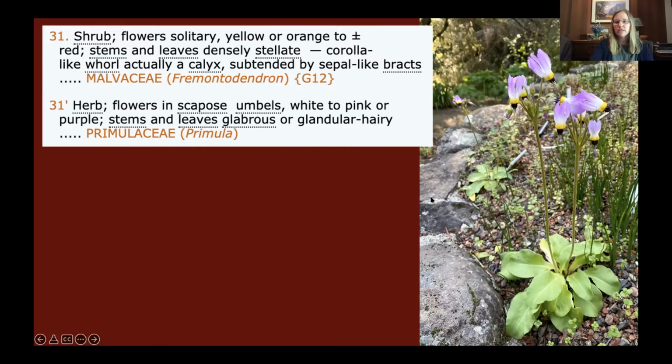So we know this is an herb, not a shrub. And this scapose umbel is referring to this long peduncle, a scape. And this is an umbel because each of these flowers are radiating from a single point. So it's a scapose umbel. So we'll go with that second one there.